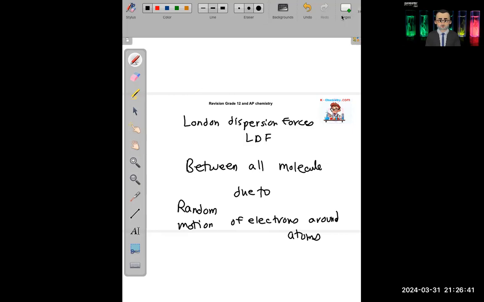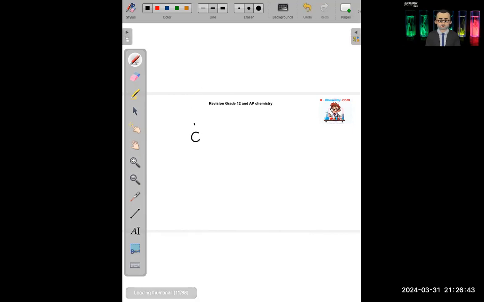CH4 is a nonpolar shape, so it has no dipole structure. Still, at one second, you will find that the electrons are revolving and placed in one place more than the other. So at one point, the electrons will be here more than here, which makes it an instantaneous dipole. An instantaneous dipole means that it is there for a very short time. And this causes the other part to be partially positive.